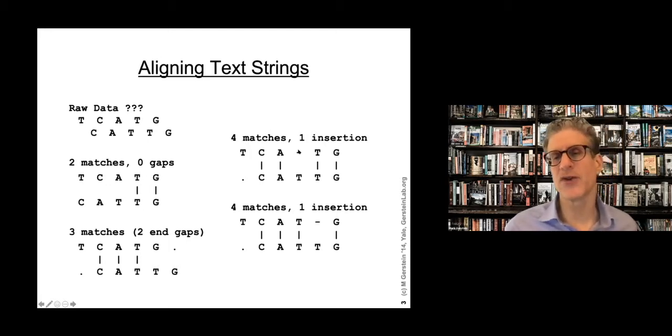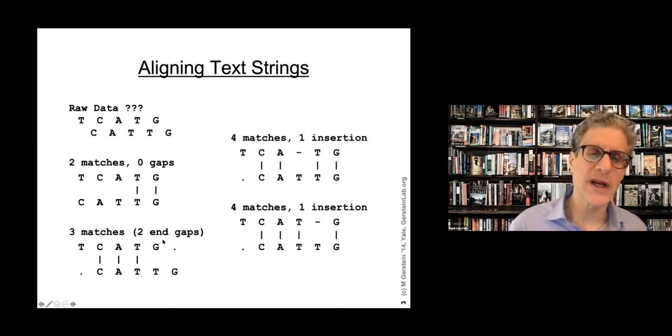But one of the key things you realize is you can introduce a gap and it matches much better. If you make one insertion, you can match four times, and you can actually do that in two different ways. Because you have two T's here, you can match this T in either spot. Then maybe you don't like the idea of making an insertion.